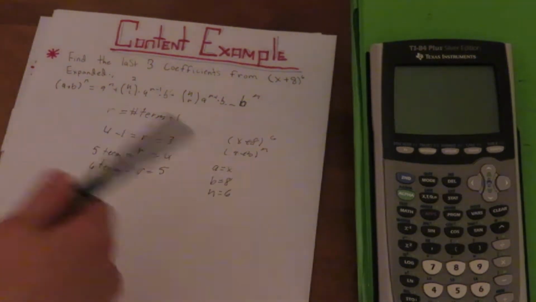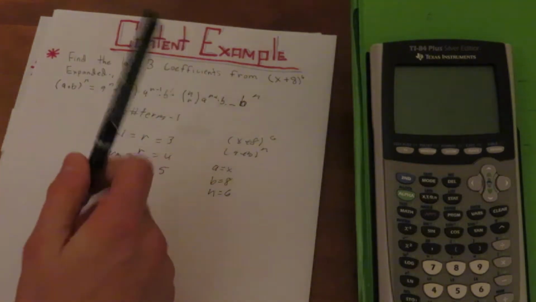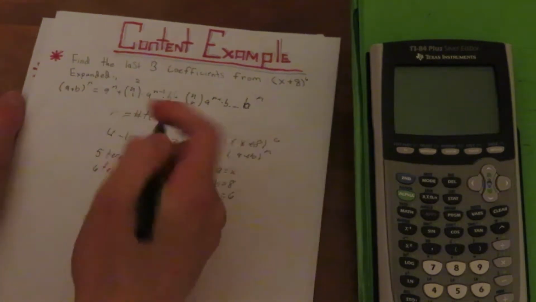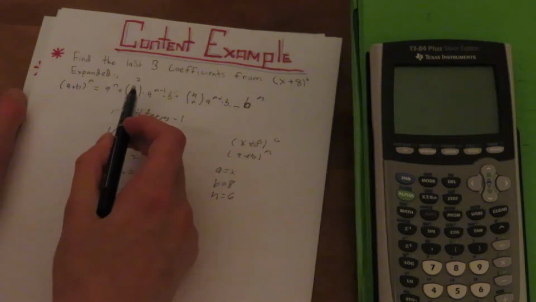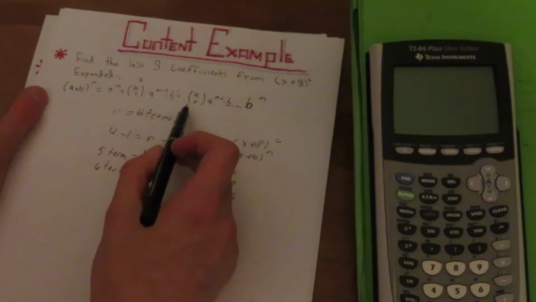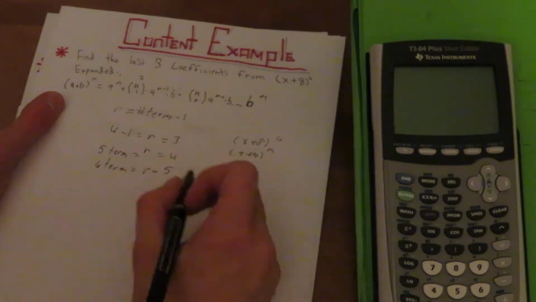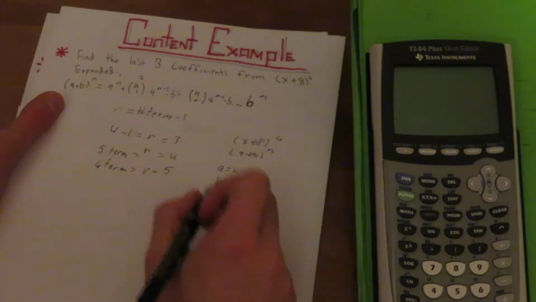And so with all of this information, we're going to be able to find out our 4th, 5th, and 6th coefficients using this formula right here. We don't need this part, because we don't need to find the first term. We need to find the 4th, 5th, and 6th term. So we just plug it in. For our 4th term, our n will be 6.